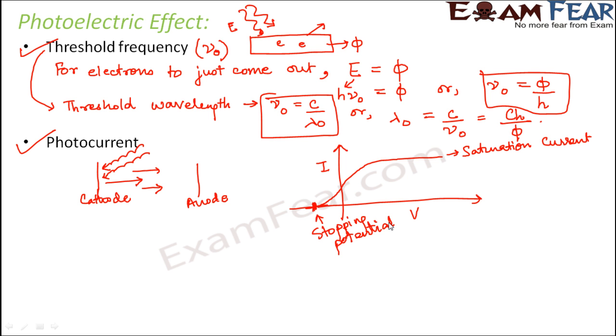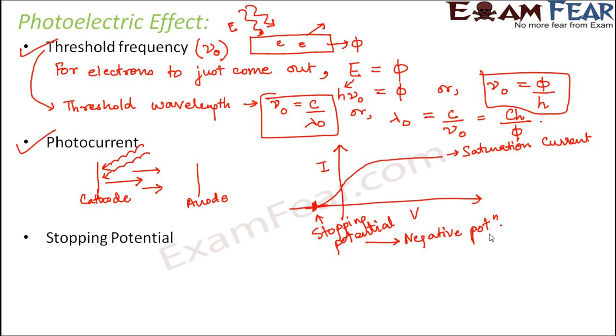As the potential of the anode with respect to the cathode increases, current also increases, and at a certain point it reaches the saturation value. Similarly, there is a particular value of the potential corresponding to which the current is 0. In fact, if you look at this value, it is actually a negative potential. So this is called the stopping potential.